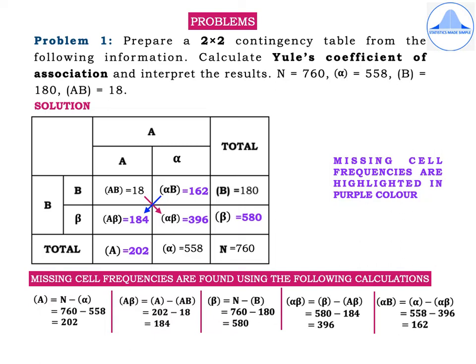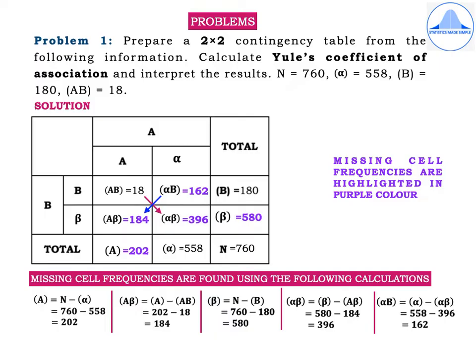Then in the 2 by 2 contingency table, write down the values which are given in the respective cells, that is capital N is equal to 760, alpha is equal to 558, B is equal to 180 and AB is equal to 18. The given values are in black color.